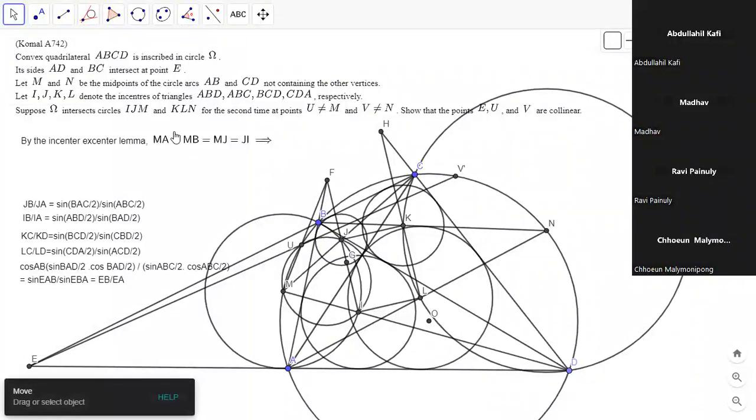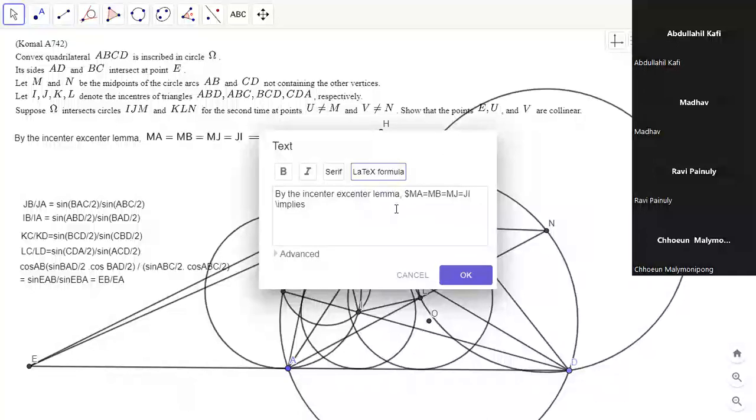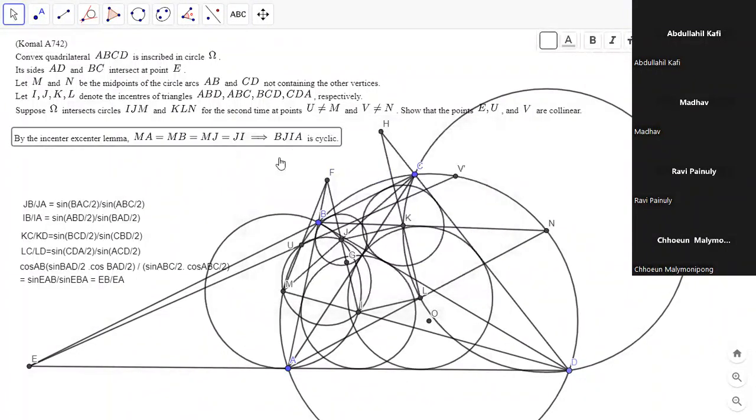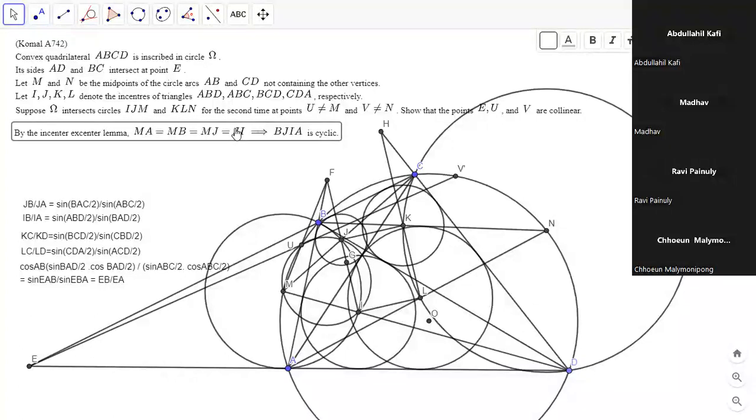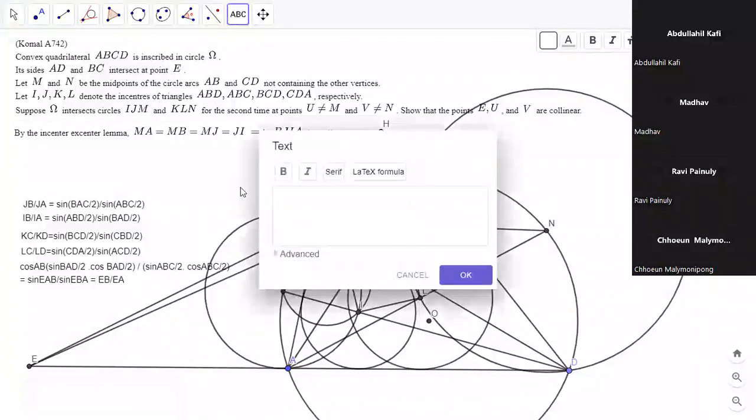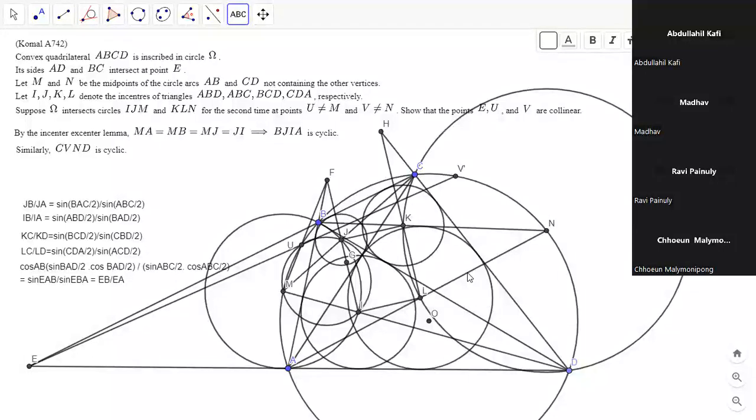So that means that BJIA is cyclic. And then similarly, CJKD is cyclic. And then we can apply the radical axis theorem. By the radical axis theorem, UM, JI, and AB meet at a point F.